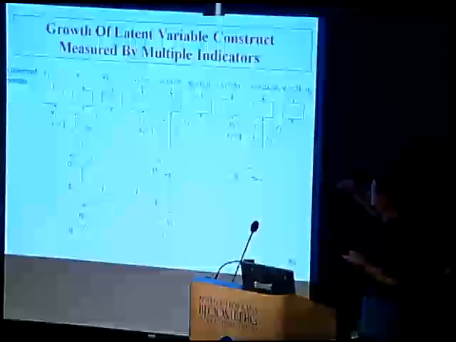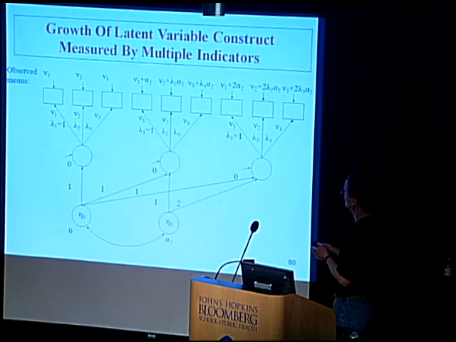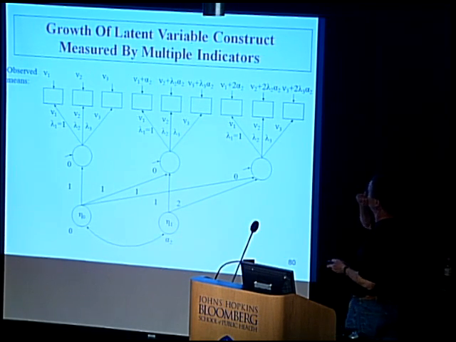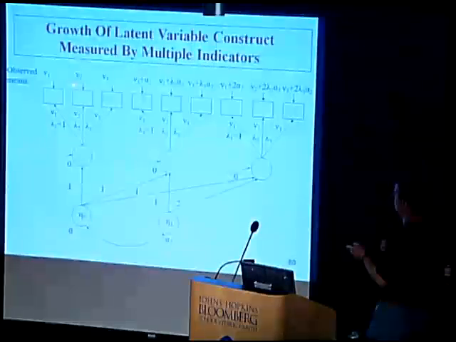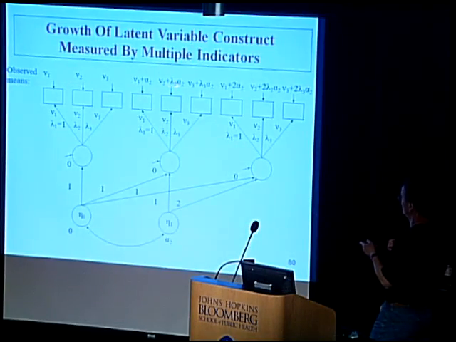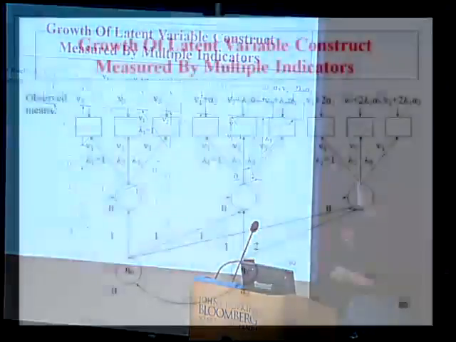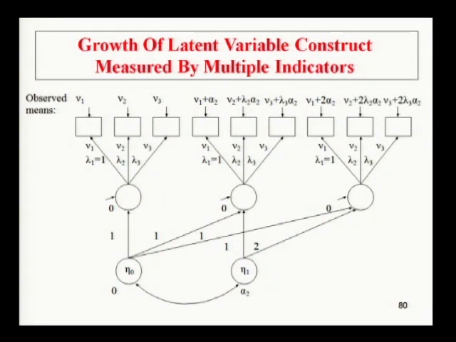So if you plot the means, they should go for the first variable from nu1 to nu1 plus alpha 2 to nu1 plus 2 alpha 2, so linearly. And for the second item, from nu2 to nu2 plus lambda 2 times alpha 2, so to 2 times that. So the second item may not have as steep of a slope or a steeper slope, depending on lambda in its growth over time than this.